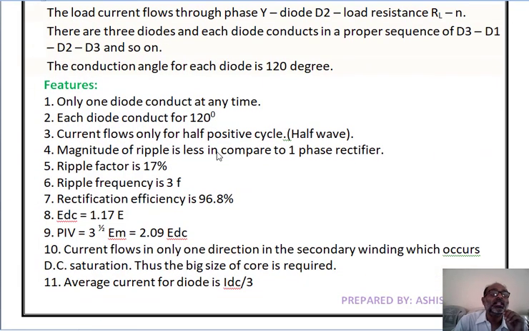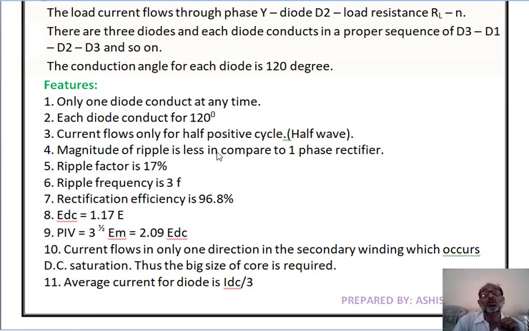Now let me see the salient features of this half-wave rectifier. Already we have seen only one diode conducts at any time, and second, each diode conducts for 120 degrees, and the current flows in the circuit only during the positive half cycle.